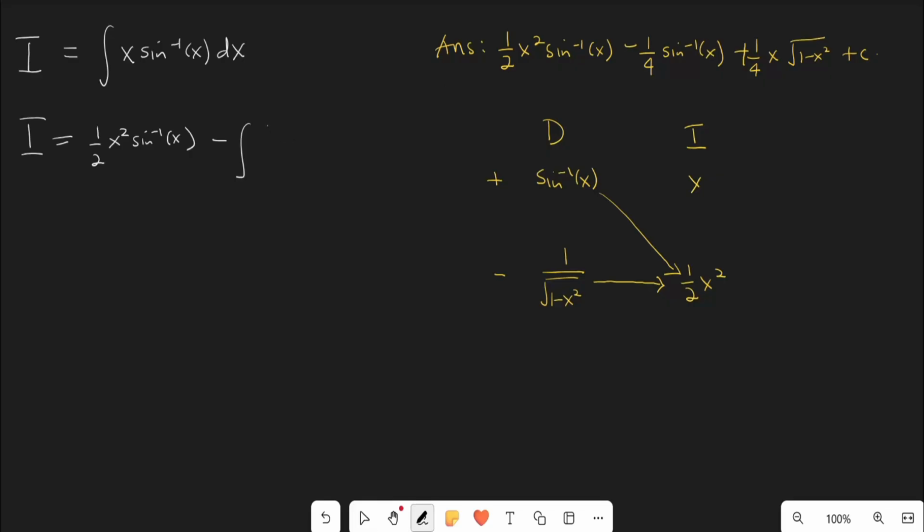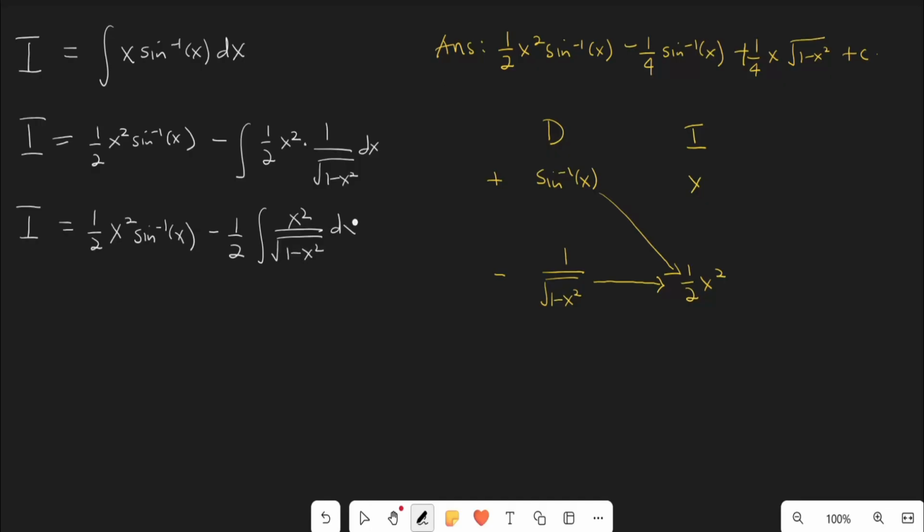That is going to be 1/2 x squared multiplied by 1 all over the square root of 1 minus x squared, and then dx, differential operator. This is 1/2 x squared sine inverse of x. Then 1/2 is a constant, it comes in front here. Then the integral of x squared all over the square root of 1 minus x squared, and then dx.